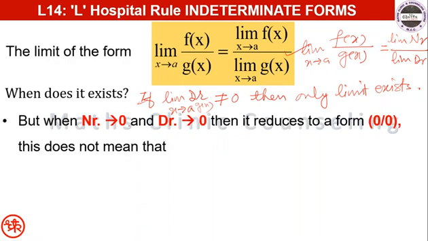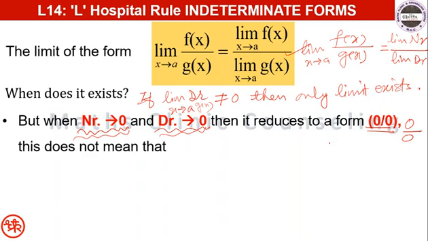When limit of numerator tends to 0 and limit of denominator tends to 0, it becomes 0 by 0 form.